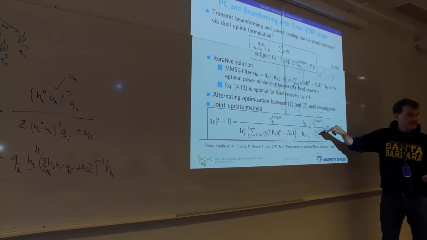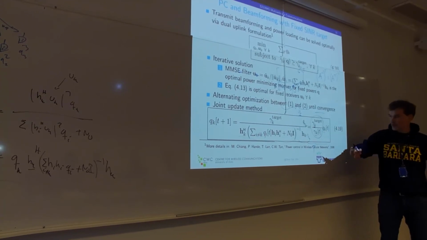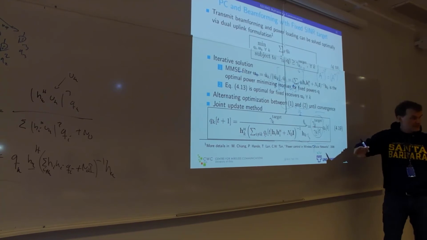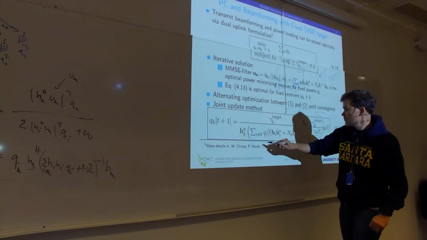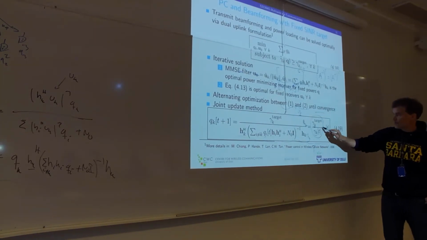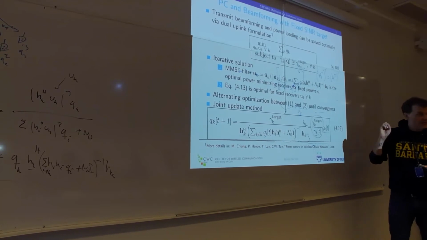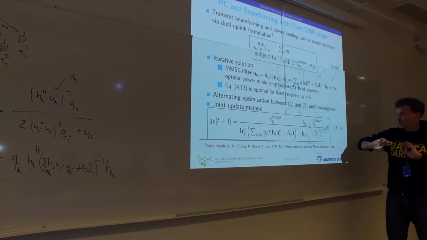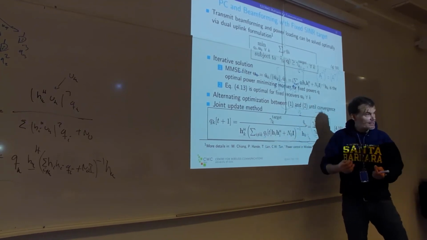So you can do this simultaneously for all users. All the powers are fixed. You just compute these SINR values for each user, and you update the corresponding user-specific powers. Then go back to computing the SINR for the updated powers.